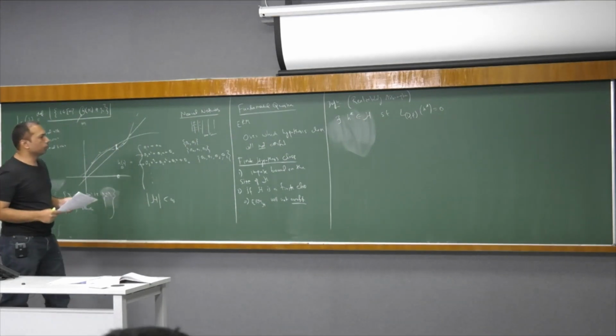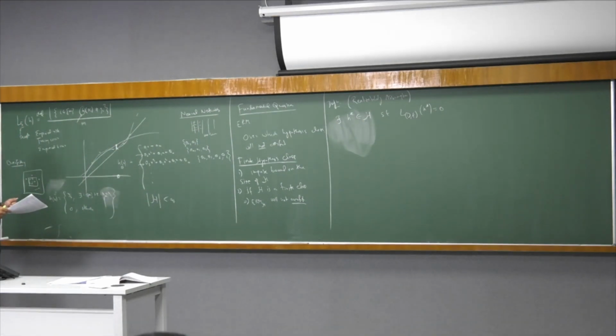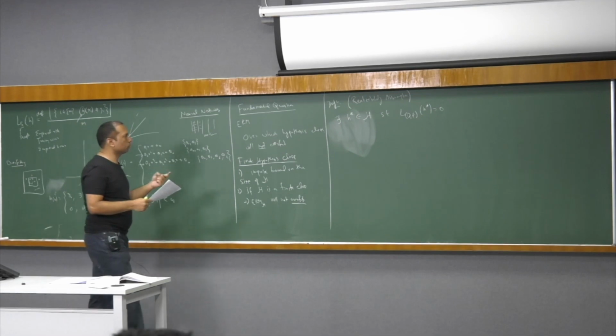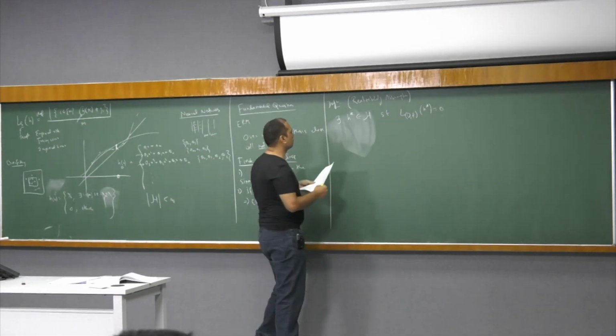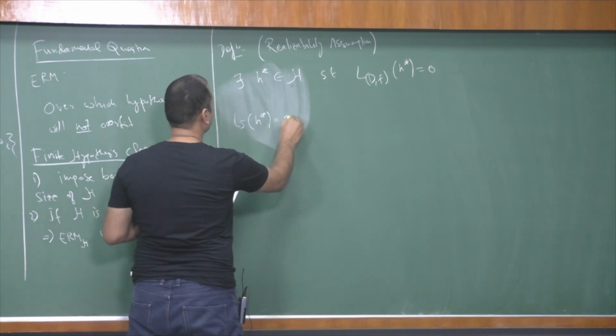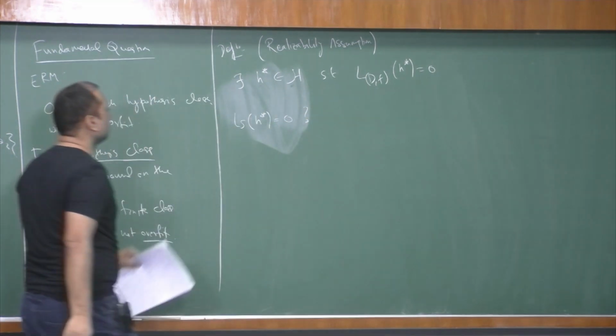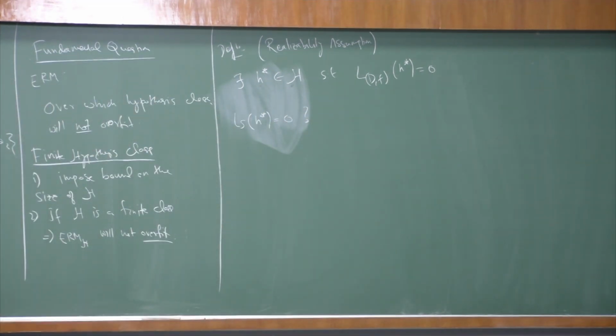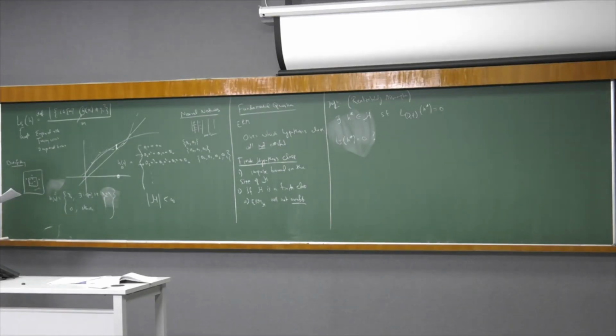So one of the things we want to know is whether the realizability assumption also proves that L_S(h star) is 0, okay? So does it guarantee that L_S(h star) will be 0?